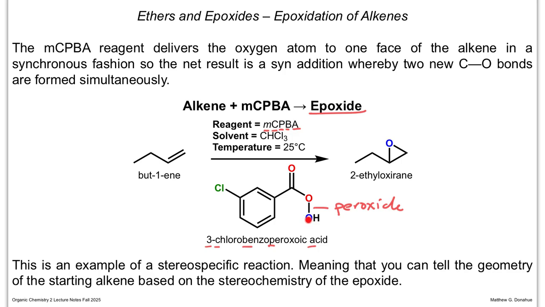If we think about it, let me ask you a question. We're starting with an alkene, MCPBA, and that blue oxygen ends up as the epoxide. So between the alkene and this, which one is the nucleophile? Which one supplies electrons?